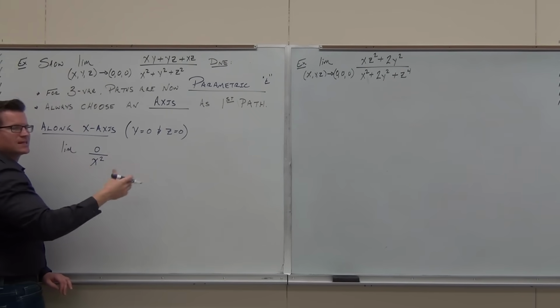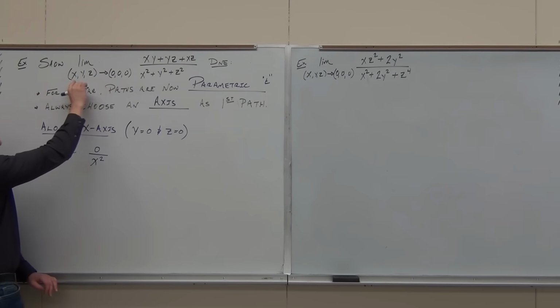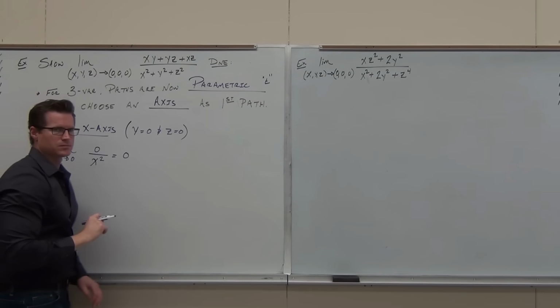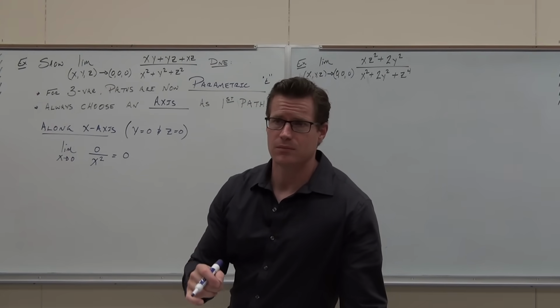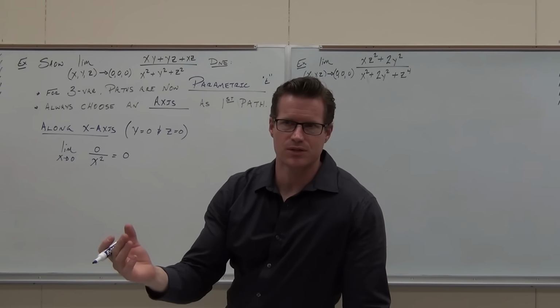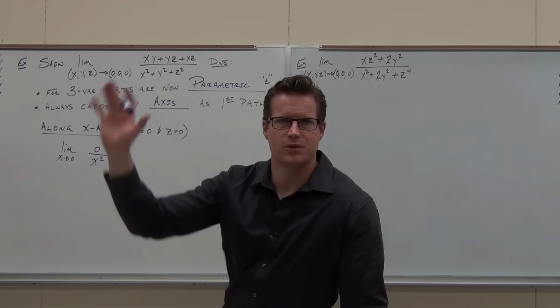And what's our only independent variable left, ladies and gentlemen? And what's it got to approach? How much is this limit? 0. Perfect. That's why we always choose an axis first, if we can, because it's really, really easy. You just set y and z equal to 0, or x and z, any two of them, and you're traveling along an axis.